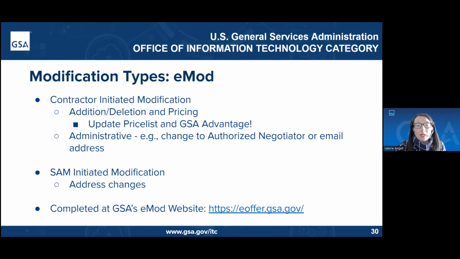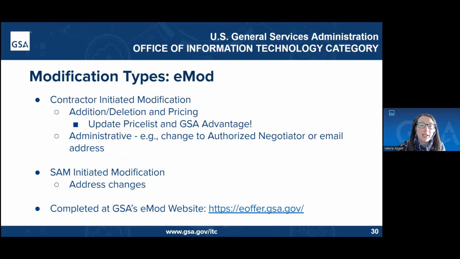What are eMods? eMods are contractor-initiated modifications that are used for multiple purposes. So it can include addition, deletion, and pricing. And after this type of mod is approved, you want to be sure to update your eLibrary price list and your GSA Advantage. This is a separate step after the mod is awarded.